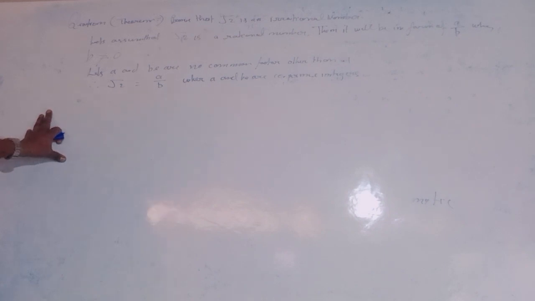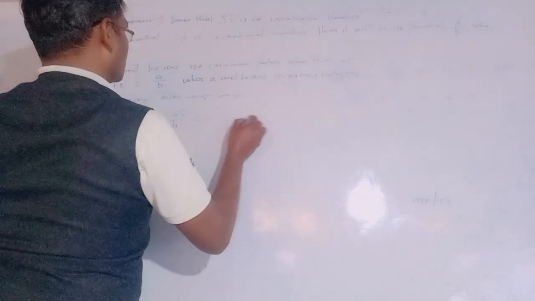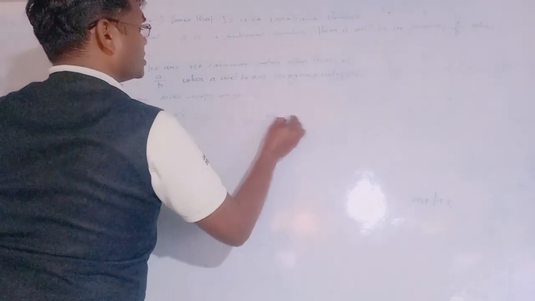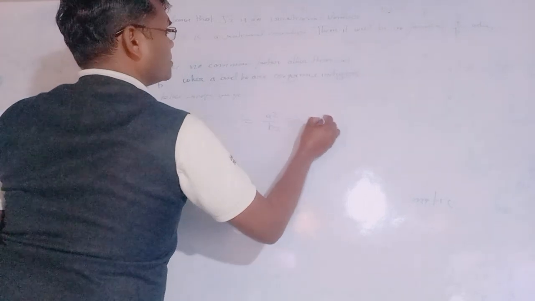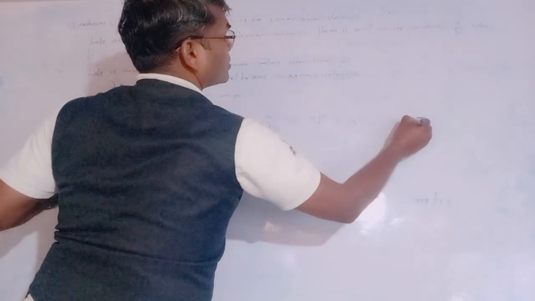On squaring both sides, we get root 2 squared is equal to a by b squared, so 2 is equal to a square by b square, which gives 2b square is equal to a square. Suppose this is equation 1.